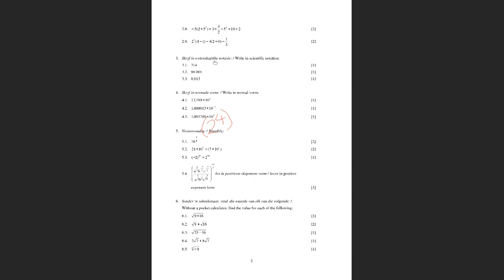Then there is 3 over 4 outside. This 4 will cancel this 4. We'll be left with 2 exponent 3. Then we will get 8.